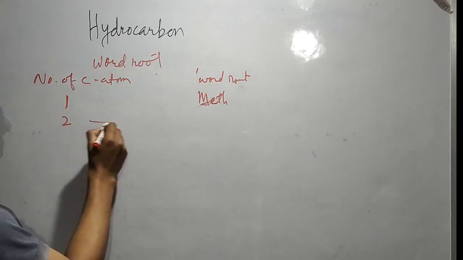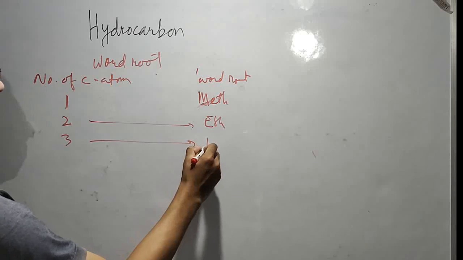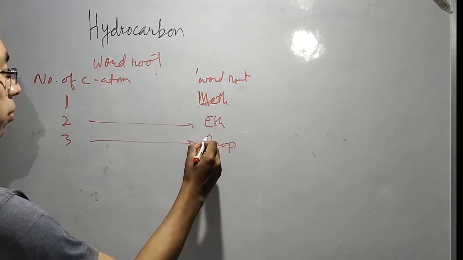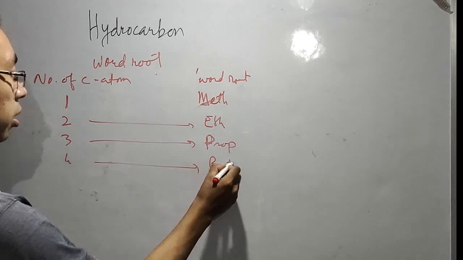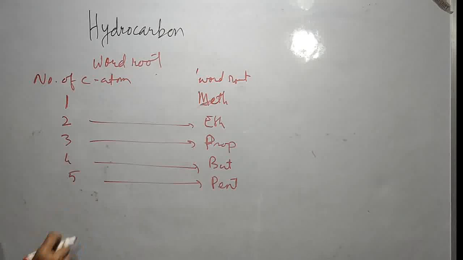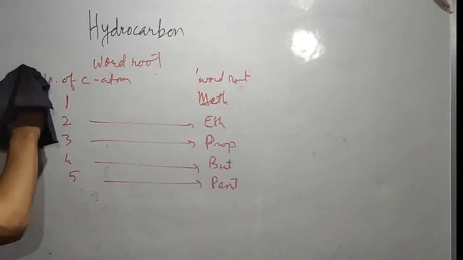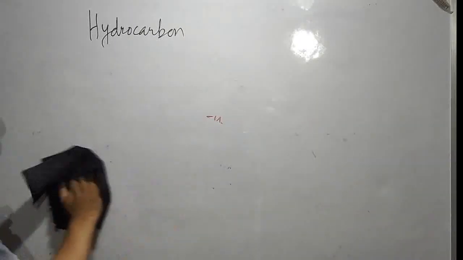If it is 2, then it will be eth. If it is 3, it will be prop. If it is 4, it will be but. If it is 5, it will be pent, and so on. So this is all about the word root. In this video we shall be dealing only with some basic things.